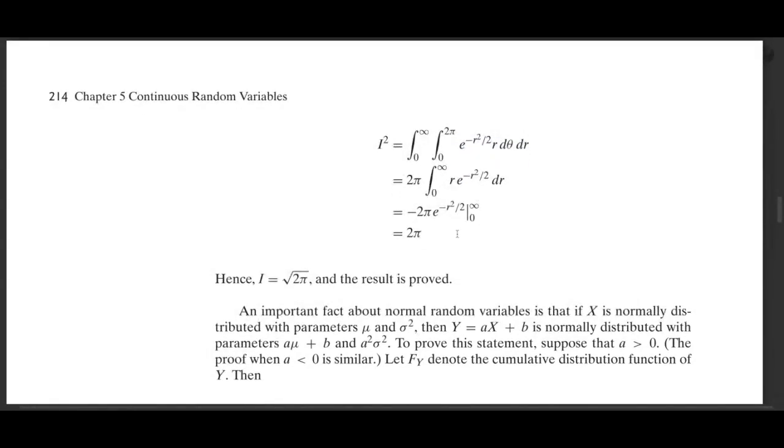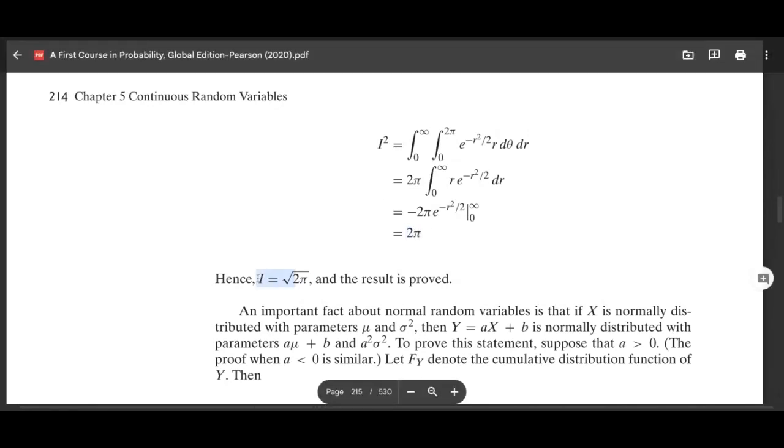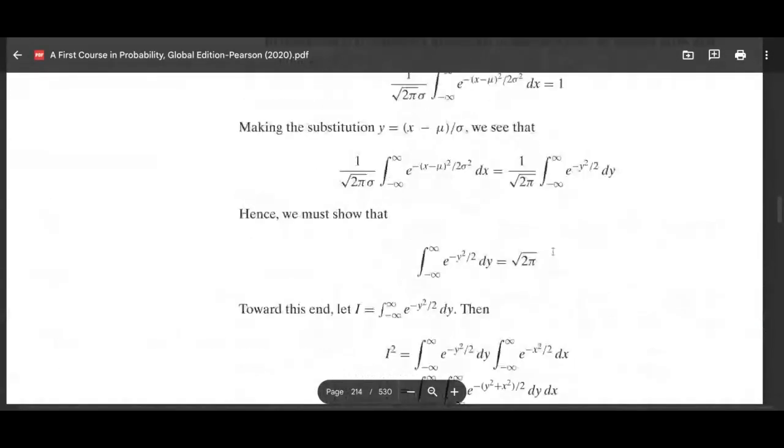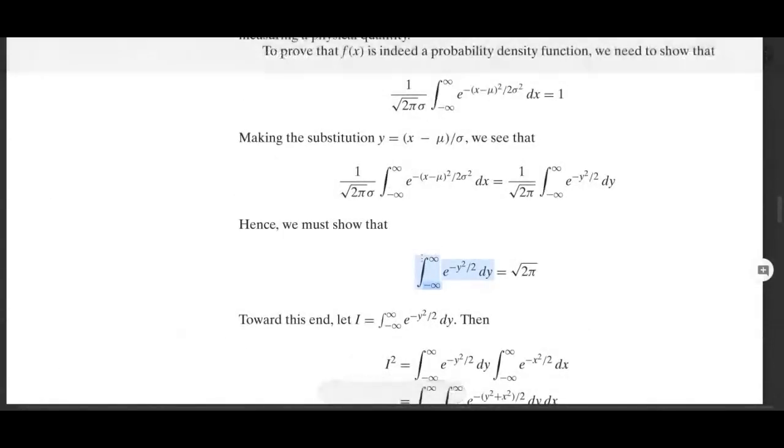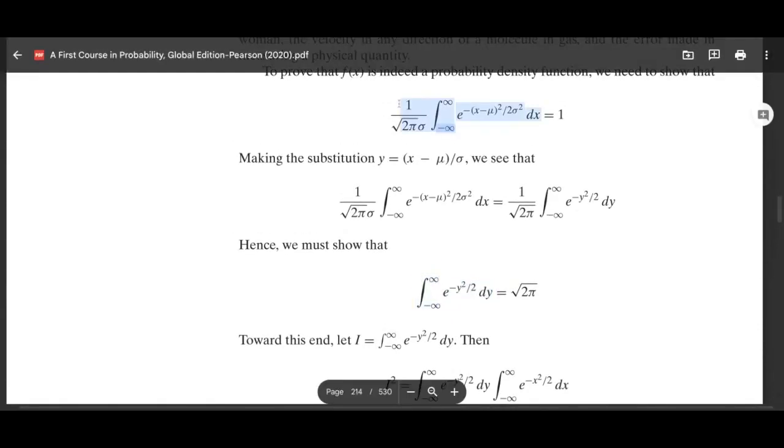So after integration, we get 2 pi. Then we take the square root, and indeed I equals square root of 2 pi. That's what we want to prove, right? We want to prove this I, called I temporarily, equals square root of 2 pi, because we want to prove this is 1.